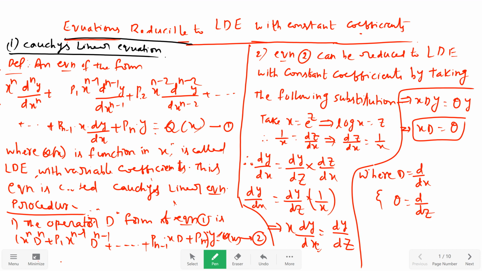We take d by dz as another operator, theta, so theta y. So x D y is equal to theta y, which implies x D is equal to theta, where D is the differentiation with respect to x and theta represents the differentiation with respect to z. So this is x D is equal to theta.